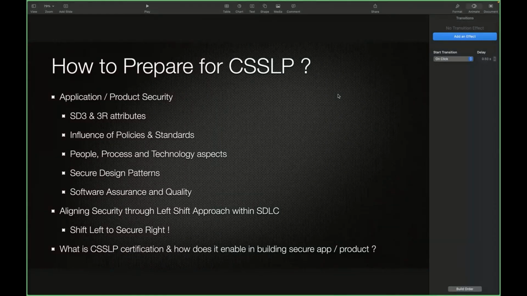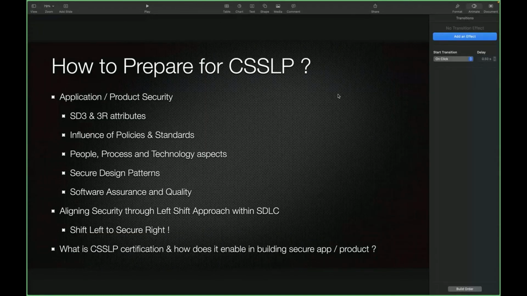If you want to get into the details and specifics, expand further, and broaden your knowledge to understand the entire gamut of drivers and attributes that enable application security or product security, you need to understand the broader perspective of CSSLP as such.